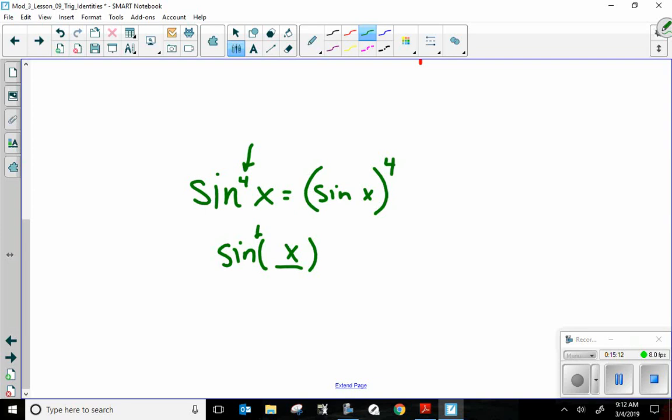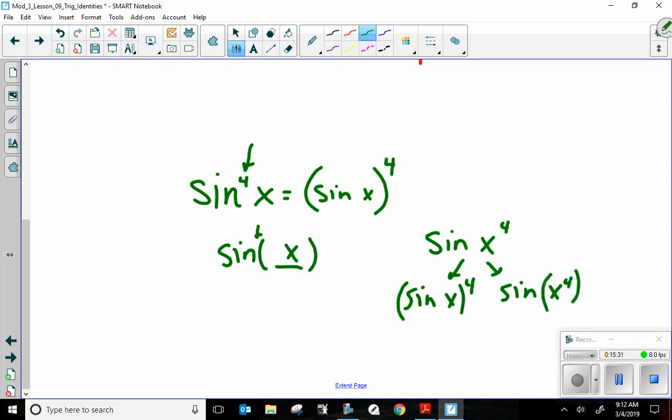All right? So why do they do that? Because if I write something like this, you might say, wait, is this the sine of x, the whole thing to the power of 4, or is it like saying sine of x to the 4th? It's order of operations. Do I apply my exponent to my x first, then take my trig function second?